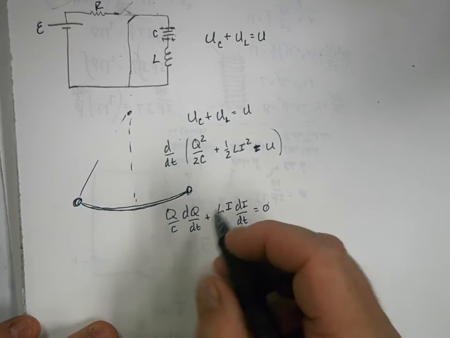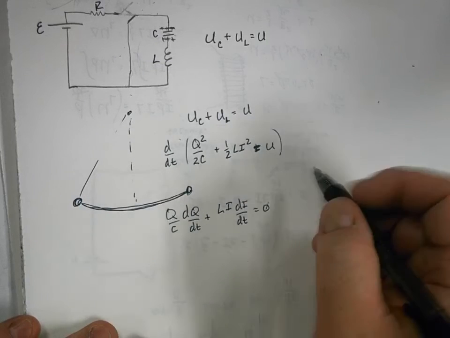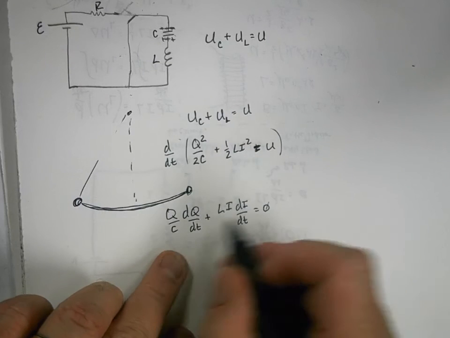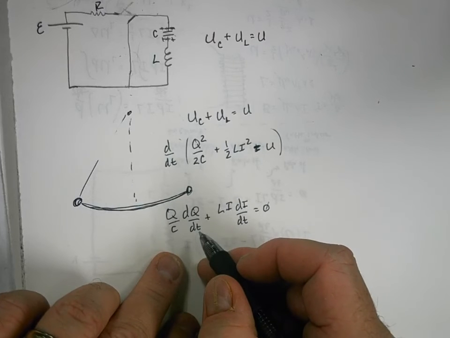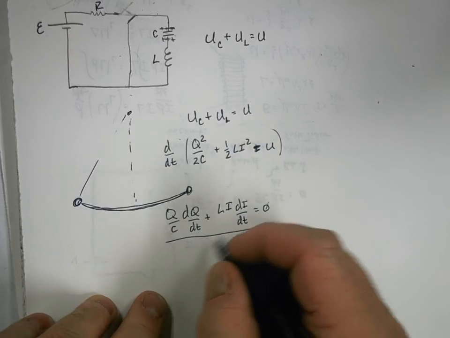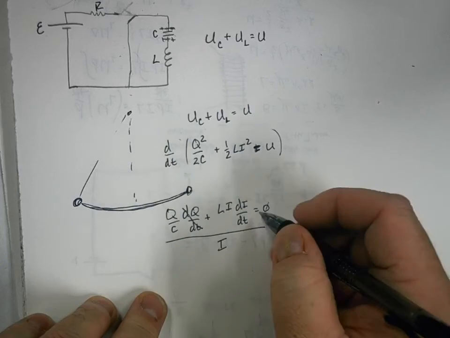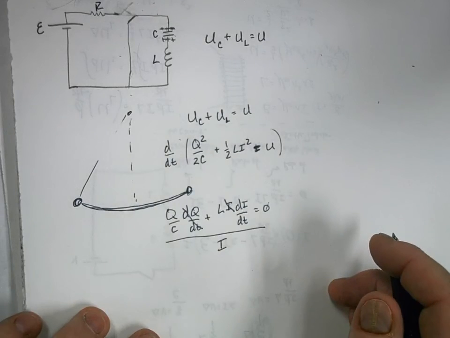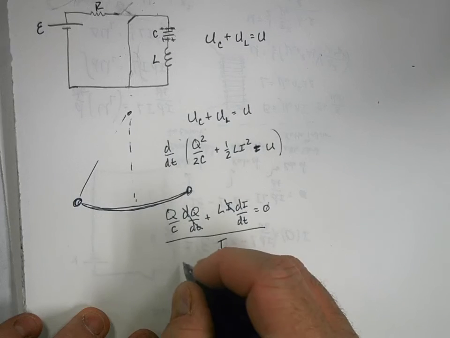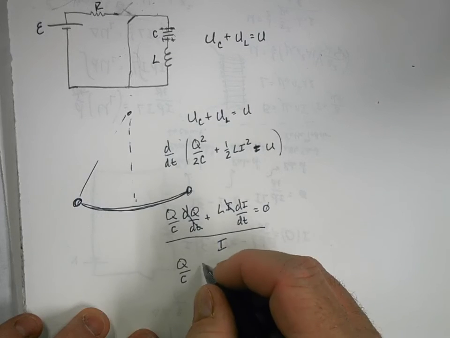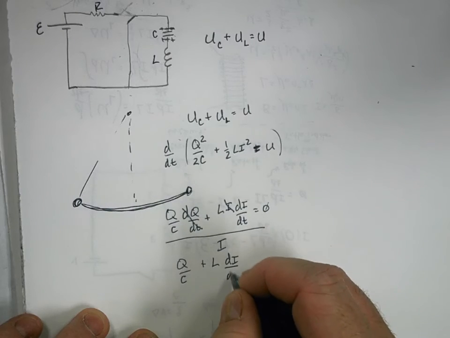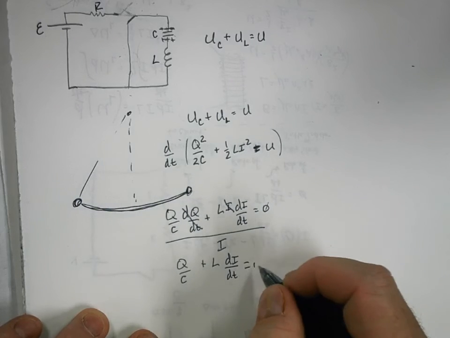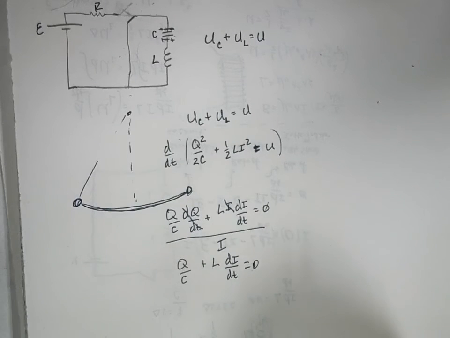If we divide both of these, well, this is di dt, right? What is dq dt? dq dt is our current, right? So if we divide both of these by I, that's going to cancel, and that cancels. Right? So we're left with Q over C plus L di dt equals 0.